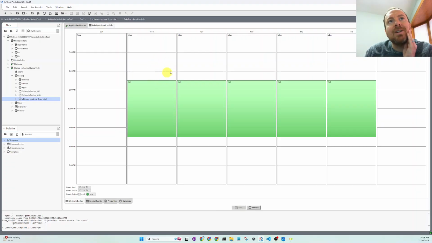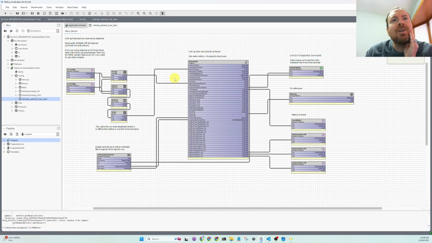This time delta right here is the time in minutes it'll require to warm up or condition the zone. That's why the optimal start algorithms always have to know the next value and next event time, which in Tridium they calculate to the millisecond. That's a bit overboard to me, but that's what they do, so we'll follow it.